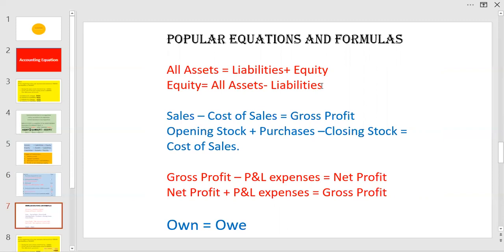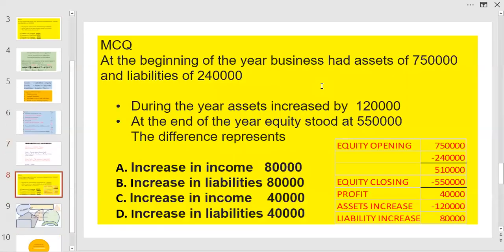Now let's go to the question. In this question, assets of 750,000 and liabilities of 240,000 are given, but no equity. But we can calculate it. Assets minus liabilities equal to equity. Therefore, 750 minus 240, 510 is the equity. Next, during the year, the assets have gone up by 120,000.